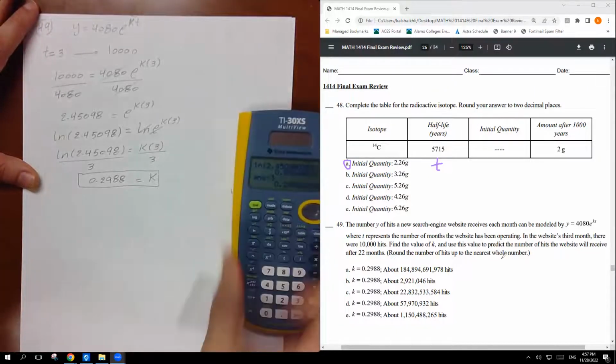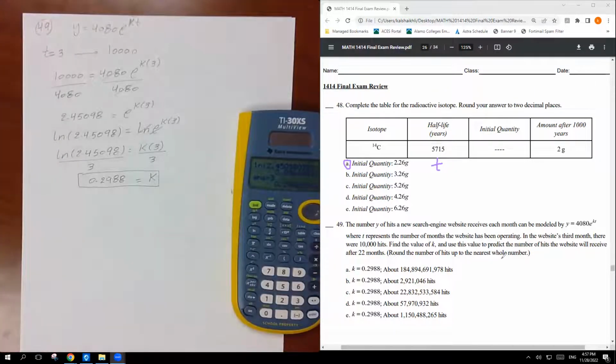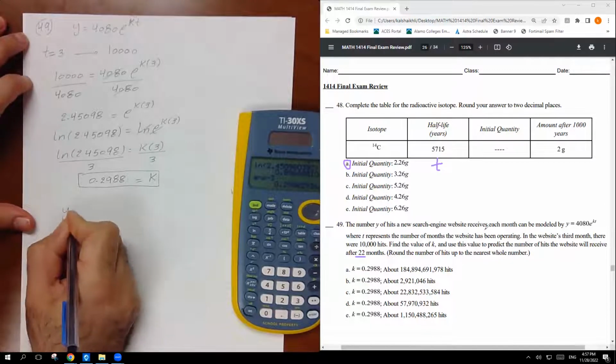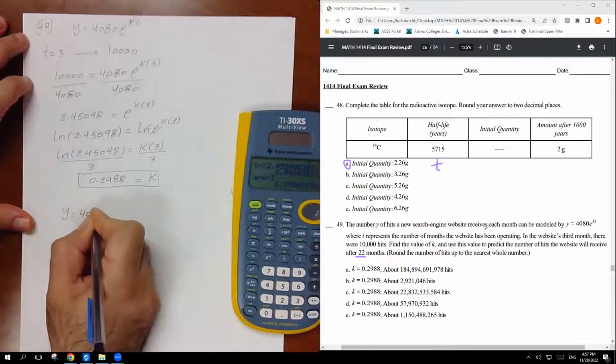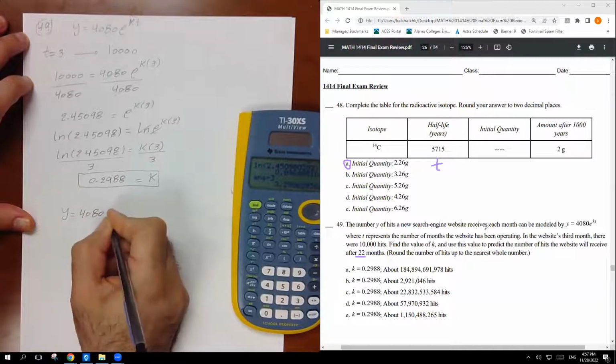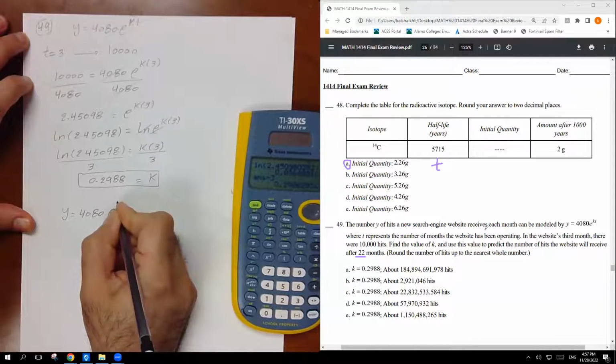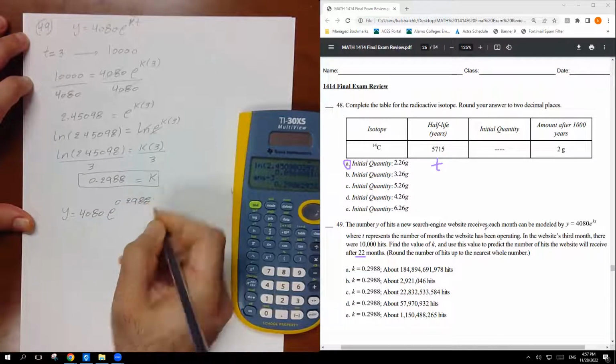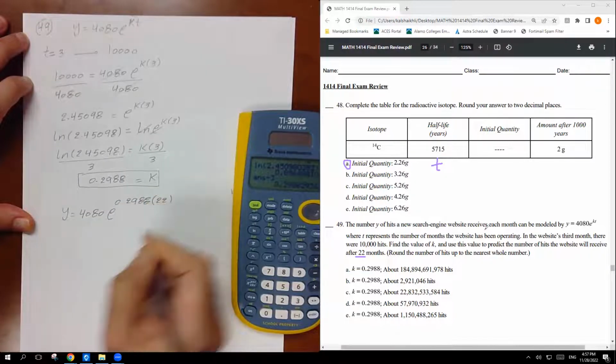Now, the next step, they ask you to find the number of hits we'll receive after 22 months. So now we have k, we need to find Y equals 4,080 e^(k), where k is 0.2988, in 22 months.